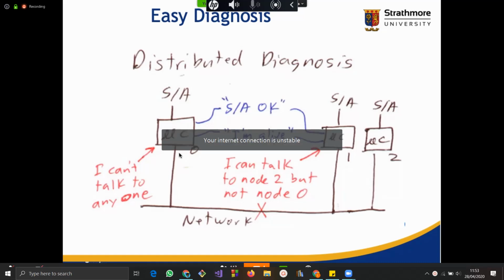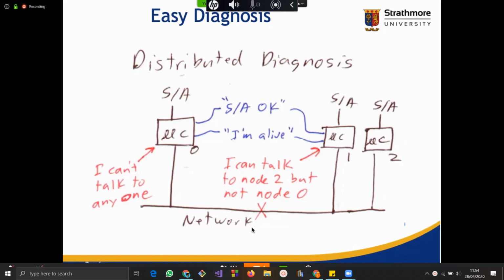If this network breaks, node 0 cannot communicate to the other nodes, and node 1 also cannot communicate to node 0. So it's easy to identify the point where the bus has a problem. Okay, I hope it's clear. So that is the advantage of distributed embedded system topology.